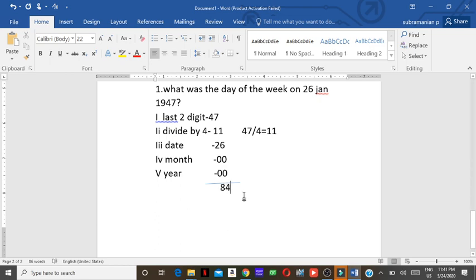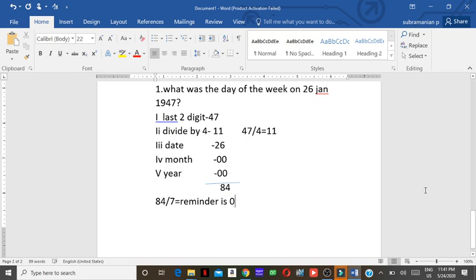Now the next step is we should divide 84 by 7. Because 1 week contains 7 days, we have to find the days, so we have to divide by 7. You should take the remainder, not the quotient. The remainder is 0.